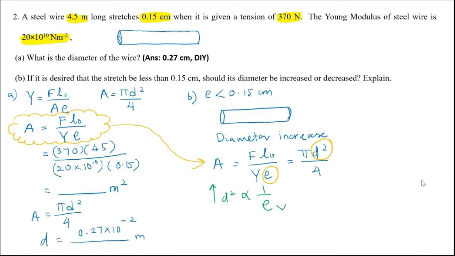Why is the diameter bigger? Because elongation and diameter are inversely proportional.